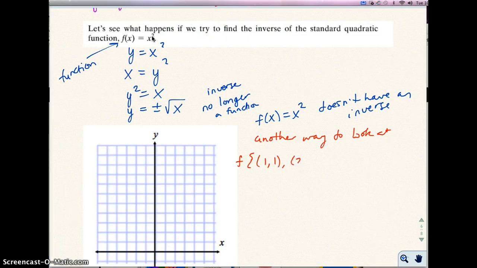So I get 2, 4. If I put in negative 2 for x, that would be negative 2 squared, that gives me 4, so I get negative 2, 4. If I put in negative 1 for x, that would give me 1, so I get negative 1, 1, etc.